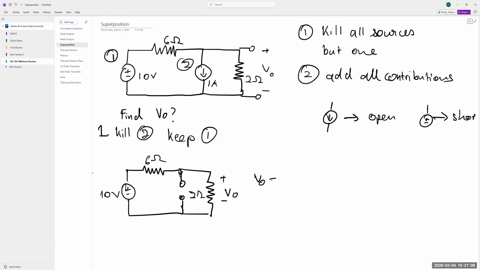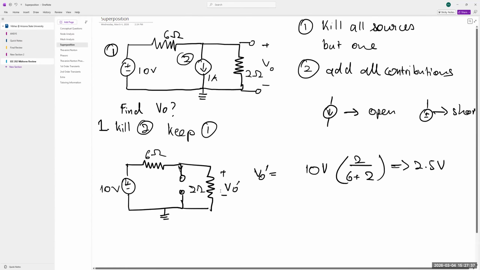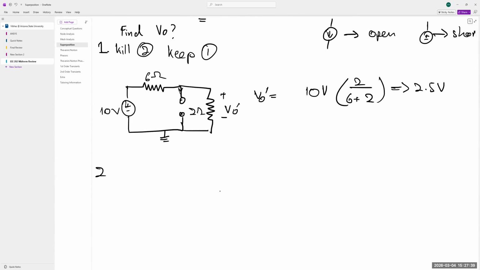VO is therefore equal to, it's a simple voltage divider, 10 volts times 2 ohms, if we have this as ground, times 2 ohms over 6 plus 2 ohms, the sum of both the resistors. So this comes out to be 2.5 volts. Let's call this VO dash because it's not the same thing as VO. We're going to find what VO is at the end.